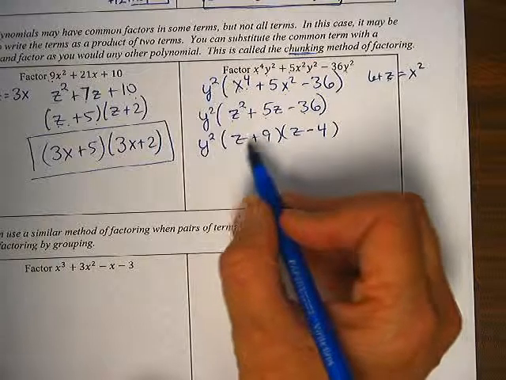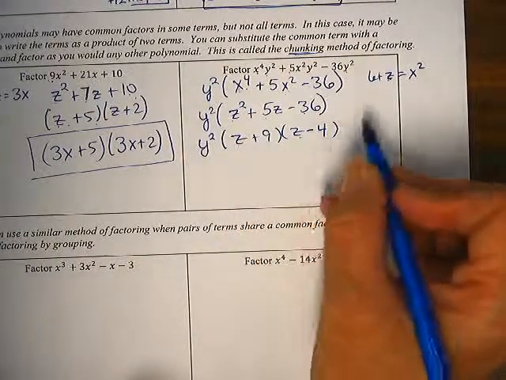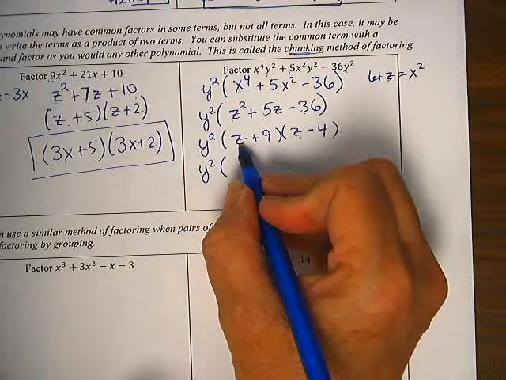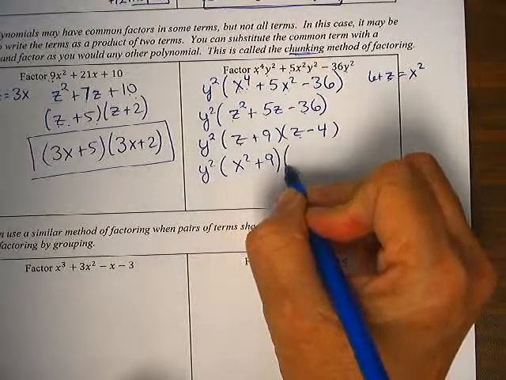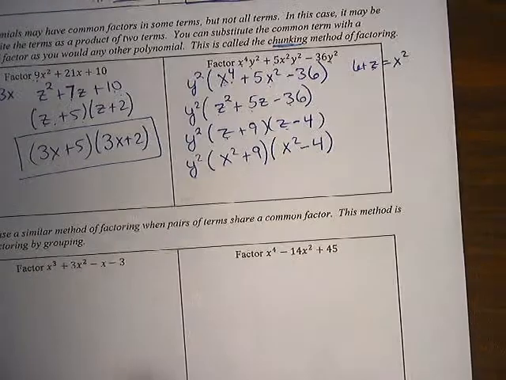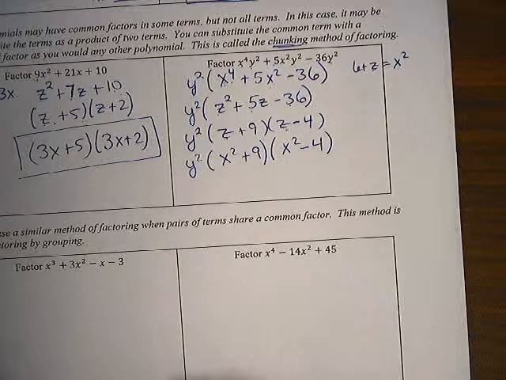And at this point I'm now going to replace my z's with what we substituted or chunked out. So we still have our y squared out in front, and instead of z I replace that with x squared plus 9 and x squared minus 4. Now once we've replaced it, is there anything we can still factor?